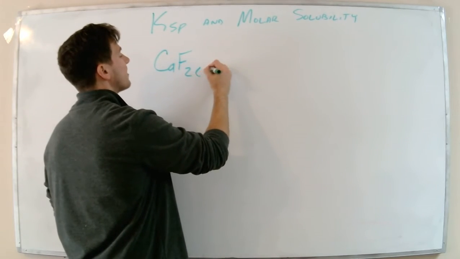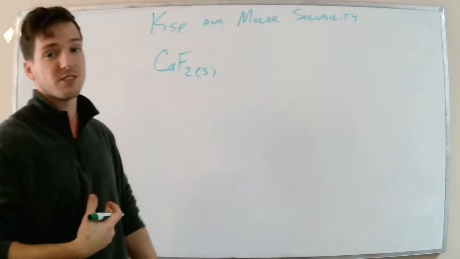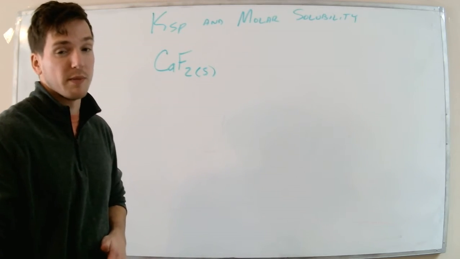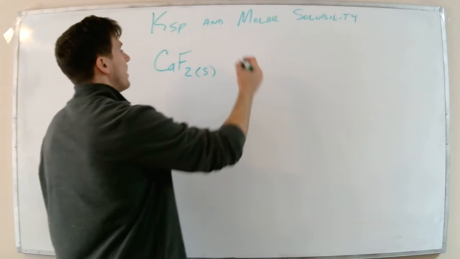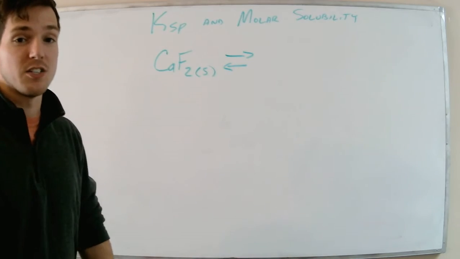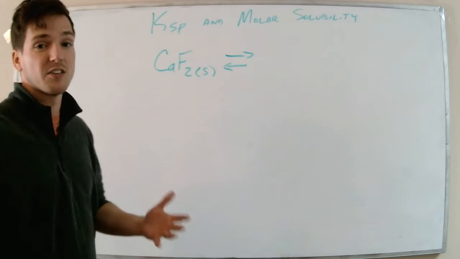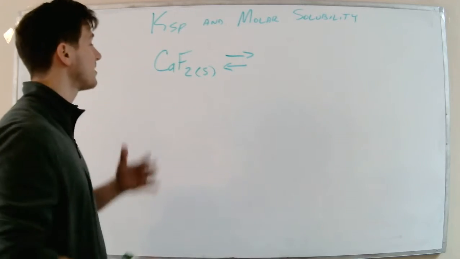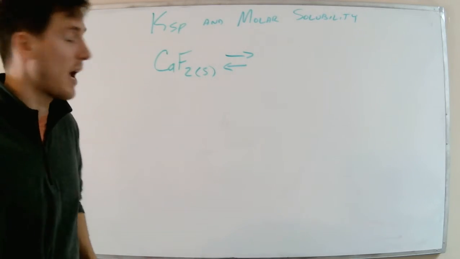Well, these Ksp salts are always going to be solid on the left side. They're never going to affect our equilibrium later on, and you'll see that. And we'll have these double arrows, and then this will dissociate into its ions. These things can totally dissociate. It's not like acids where it only donates 1 proton. This will fully dissociate into its separate ions.